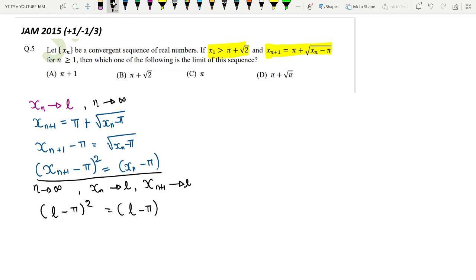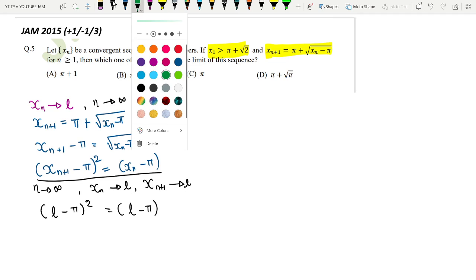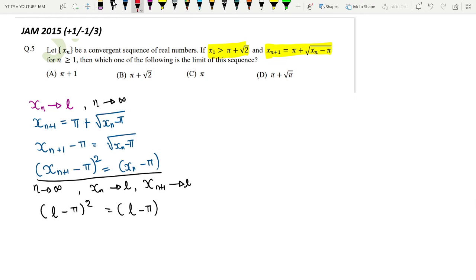The next thing that a student might be thinking is, I should square this and try to simplify it. That is one way of thinking. The other simple way of thinking would be just considering my L minus pi equal to some other number, say lambda. Right? So my L minus pi is the other number lambda.